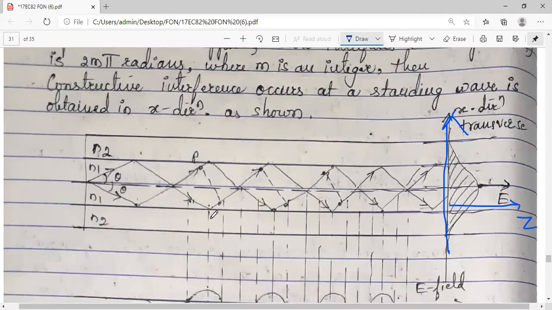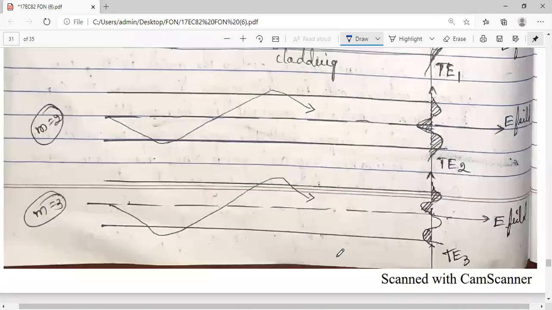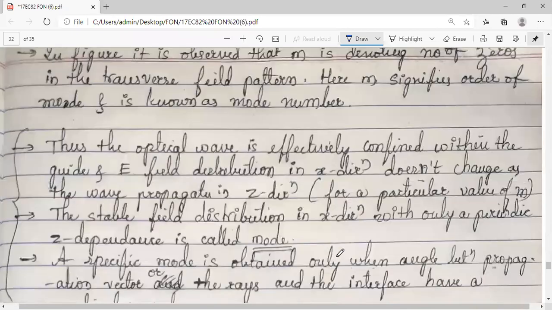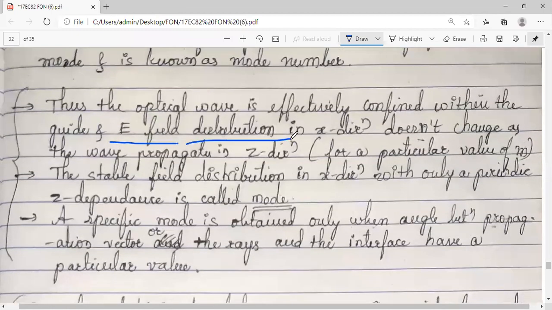Because of this, we have constructive interference, and we have known the concept of a mode. What is a mode? Mode is nothing but the field configuration, the field distribution. Here we are talking about the electric field distribution, which I said is transverse in nature, transverse to the direction of wave propagation.